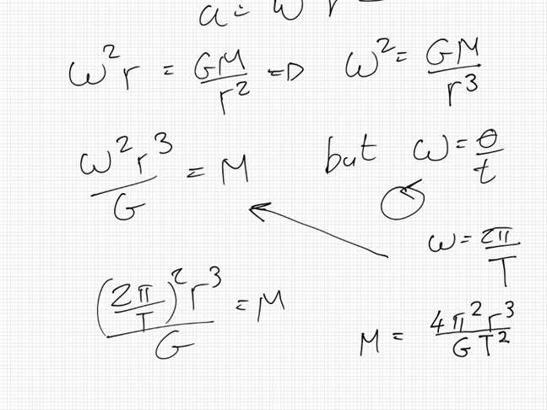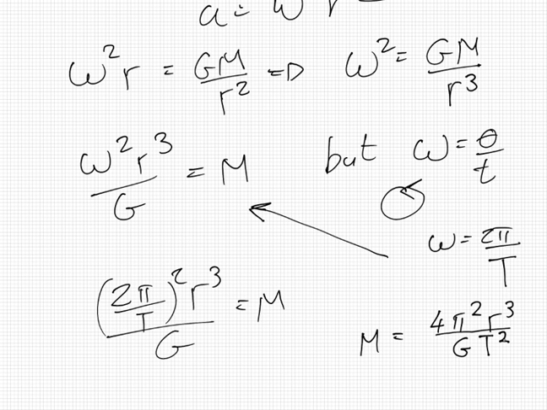So can I get you to use your imagination for a moment? Imagine that you're looking at a planet in a telescope very far away. And you look at this planet and you see a moon going around it. And you see, every 5 days the moon goes around once.